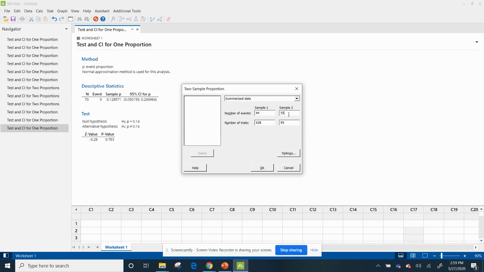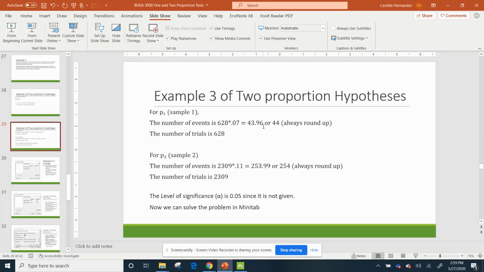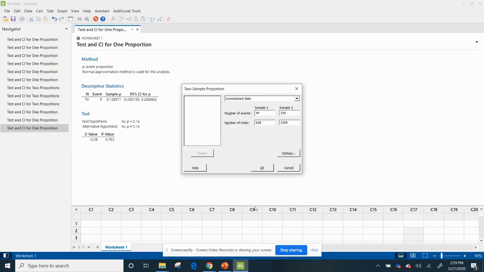And then for sample 2, it's 254 out of 2309. Okay, now remember, always go back, check yourself. As you can see here, I had 44 out of the 628 and 254 out of the 2,309. Always check yourself just to make sure.